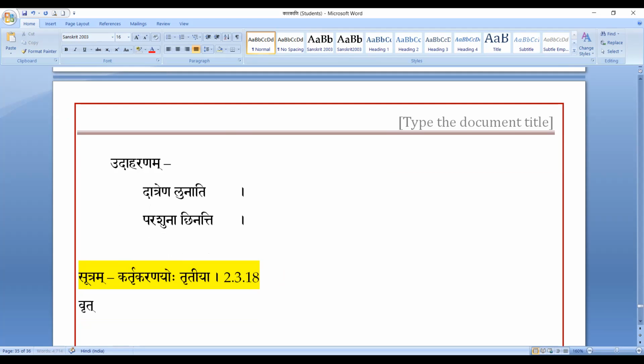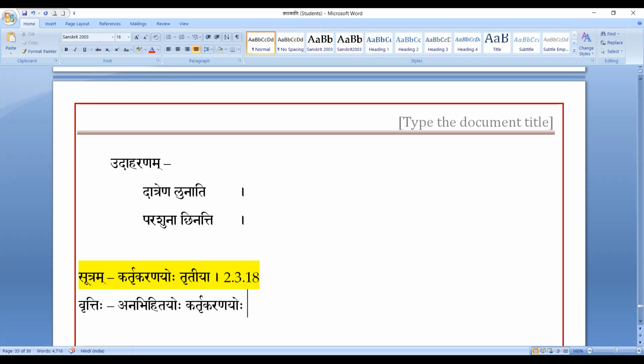So for that, the vritti is Anabhihite. Anabhihite is Adhikara. Therefore, Anabhihite, Kartrkaranayoho. Karta and Karana, because in the Sutra, Kartrkaranayoho is there.